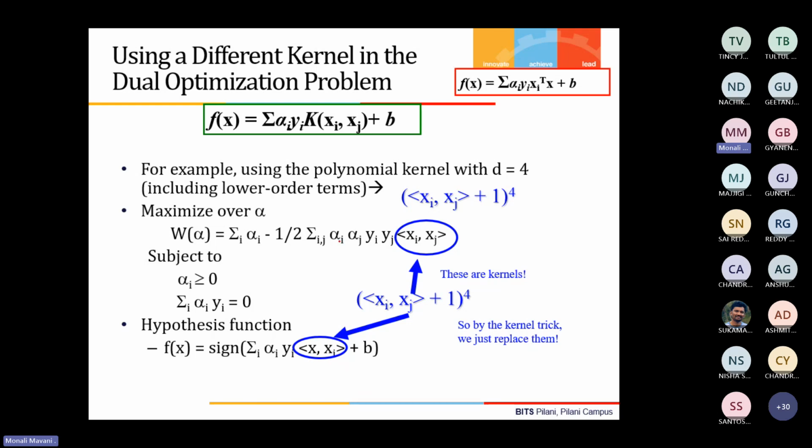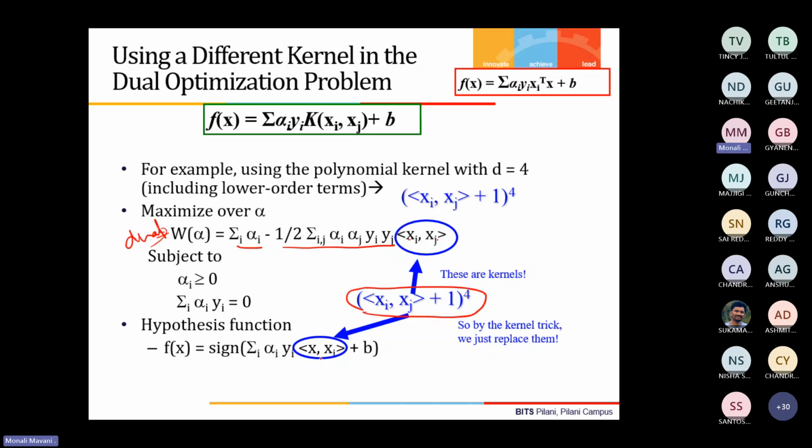Now in our optimization problem, your hypothesis function will change. In our dual Lagrangian problem, we have a dot product, this xi xj. This equation is nothing but what we saw last time. It's the dual problem of Lagrangian, where the xi xj dot product will be replaced by this kernel function.